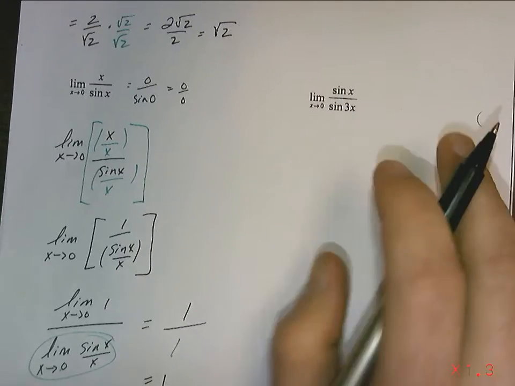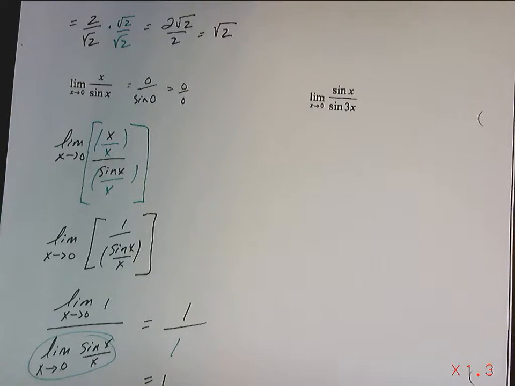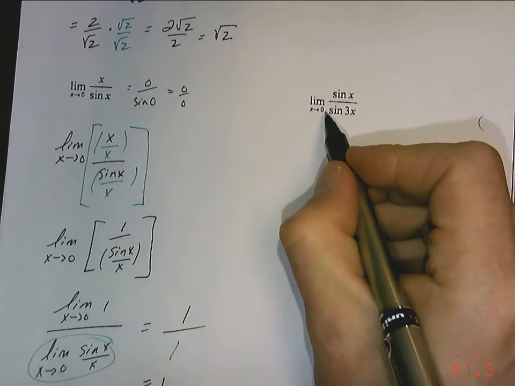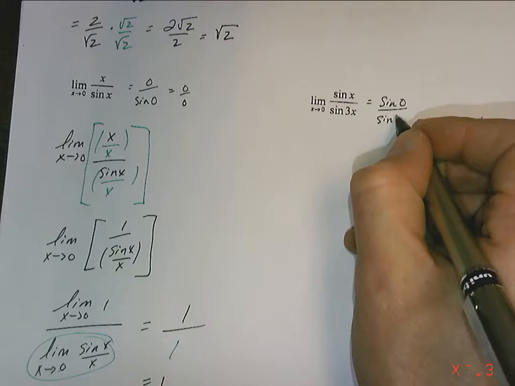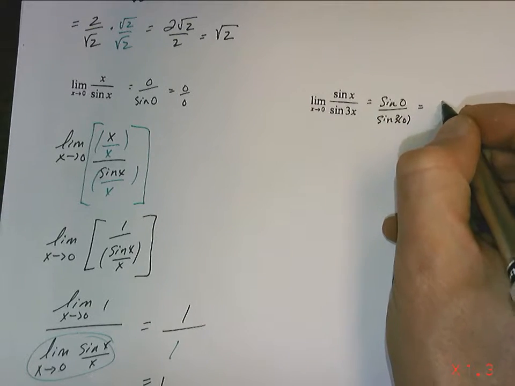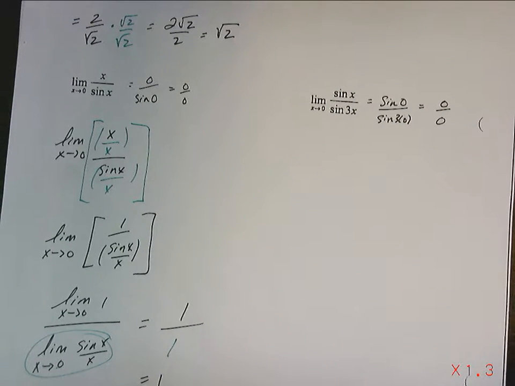Okay, over here, taking a look at this, if I allow x to approach 0, it's going to be sine of 3 times 0, which is 0 over 0. So we need to do some work.